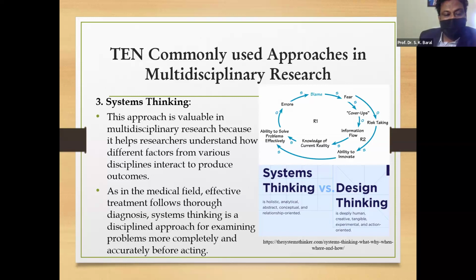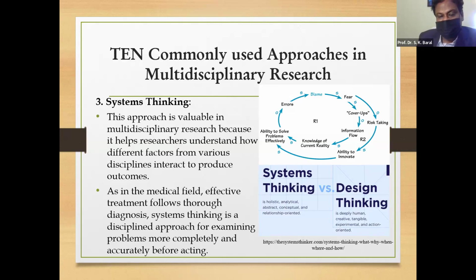So systems thinking is a very, very disciplined approach for examining the problems more completely and accurately within a short span of time. So that is why, in the field of science and in medical research, the researchers are using systems thinking approaches.